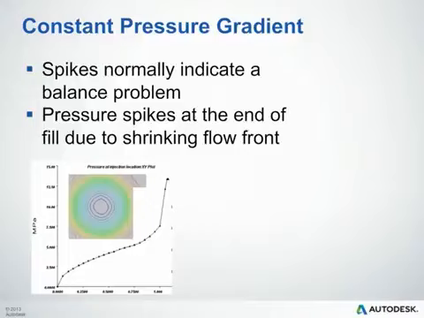All the material coming from the gate at this time enters that upper right corner, causing this pressure spike. The volumetric flow rate entering the part is still constant. However, the pressure gradient is an indication of a balance problem. So this might suggest that if this is our part design, we may need to put in some type of profiled injection velocity to resolve this issue.